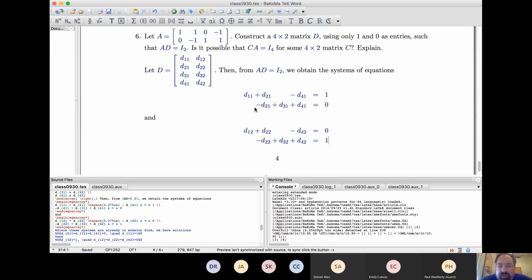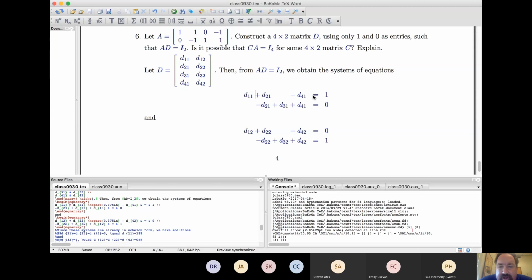For one thing, if I were to look at the augmented matrix for this, it's already in echelon form. So no row operation is needed. But here's what you can do. Notice this entry, D31. Actually, I'll work with this one because it's non-zero.